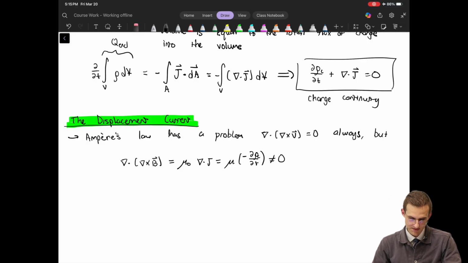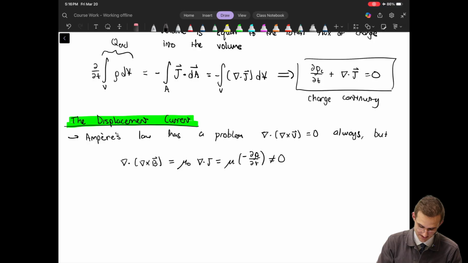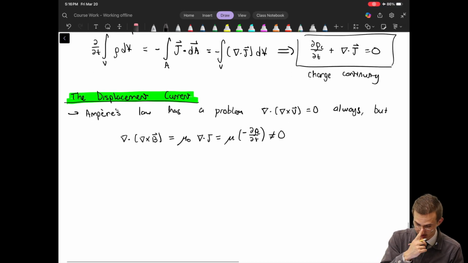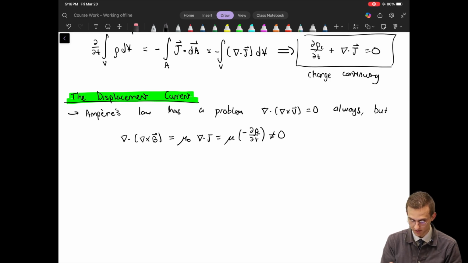So charge density might be changing locally, and so we actually have a problem here. We need to add something to this equation to fix this mathematical inconsistency. This isn't a matter of whether or not we're describing the physics correctly. We actually have an equation that just can't be true mathematically by the rules of vector calculus.